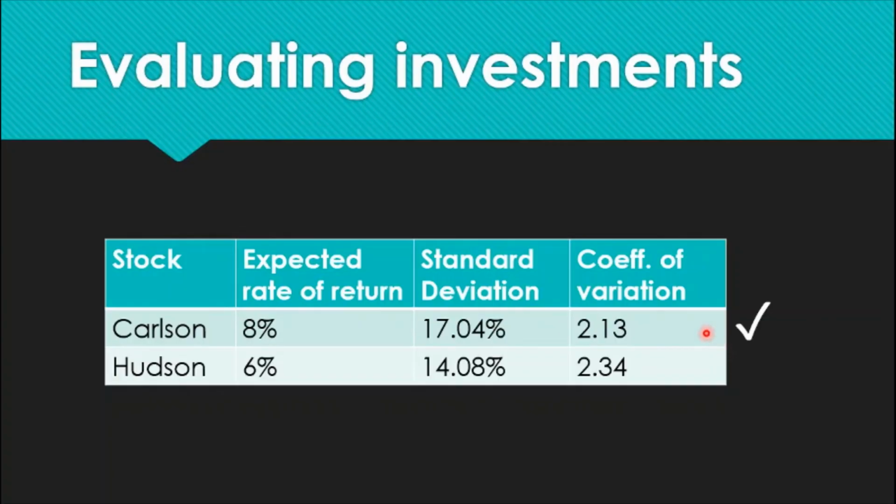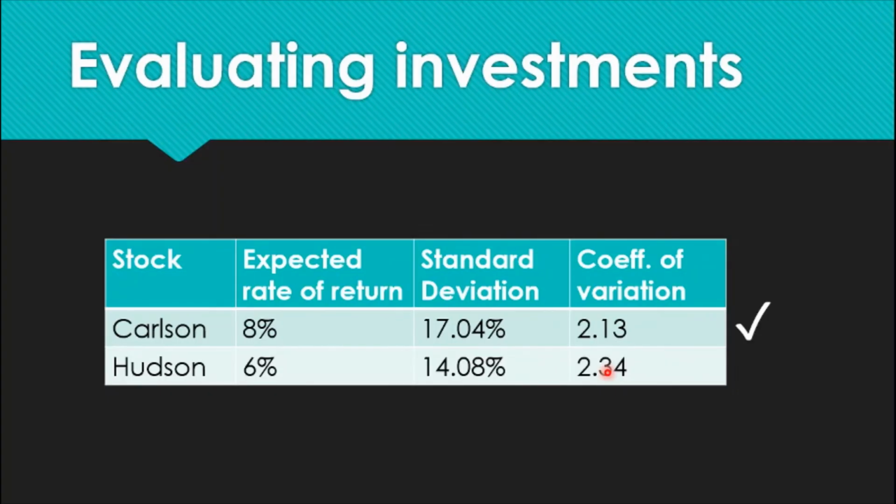That means that every rate of return of Carlson carries less risk. So each percentage point of return for Carlson would only carry 2.13 standard deviations, while Hudson's percentage rate of return would carry 2.34, making now the two investments comparable for assessment.